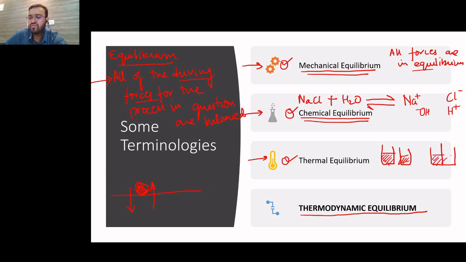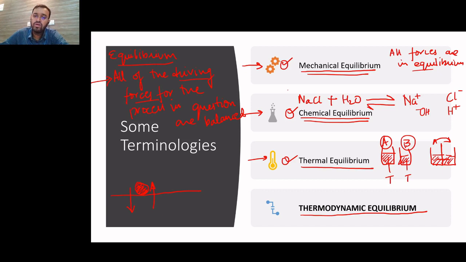Since they are from the same tap, the temperatures are the same; this is T, and this is also T. Once you bring them in contact, there is no net heat flow from glass A to glass B or glass B to glass A. In that case, we say that thermal equilibrium has been reached.